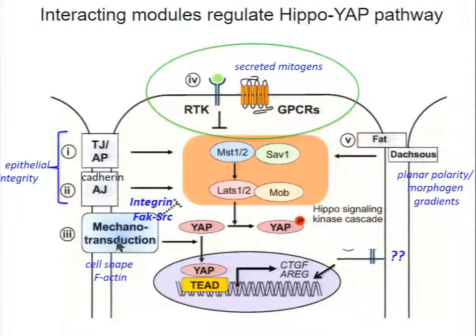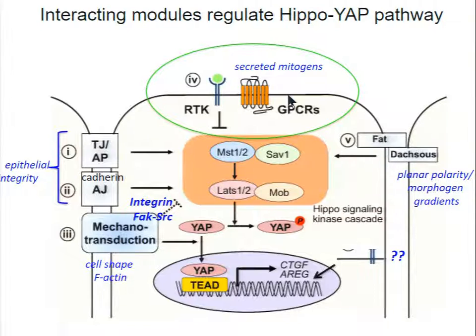There's a mechanotransduction pathway via integrins that actually does the opposite, inhibits the Hippo pathway and sends YAP to the nucleus and promotes cell proliferation. There's a lot of interest in the mechanotransduction pathway. And then secreted mitogens like receptor tyrosine kinases and GPCRs also inhibit the Hippo pathway and send YAP into the nucleus. I'm going to talk more about that.